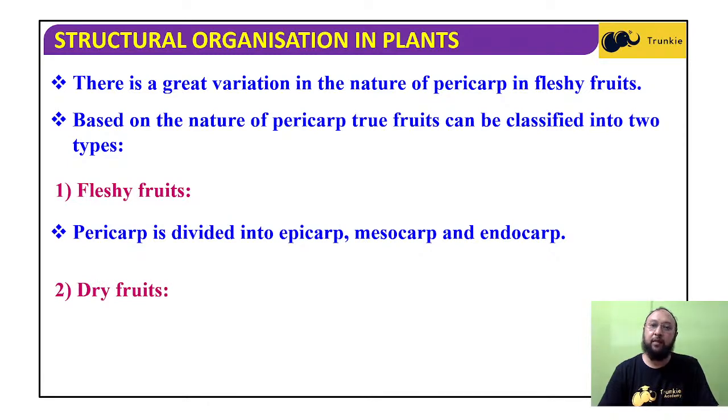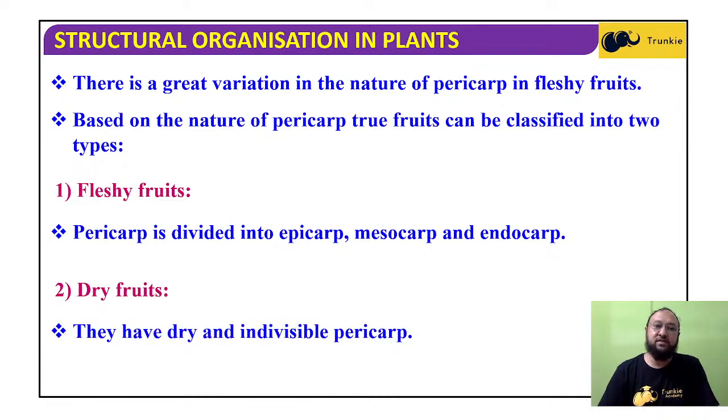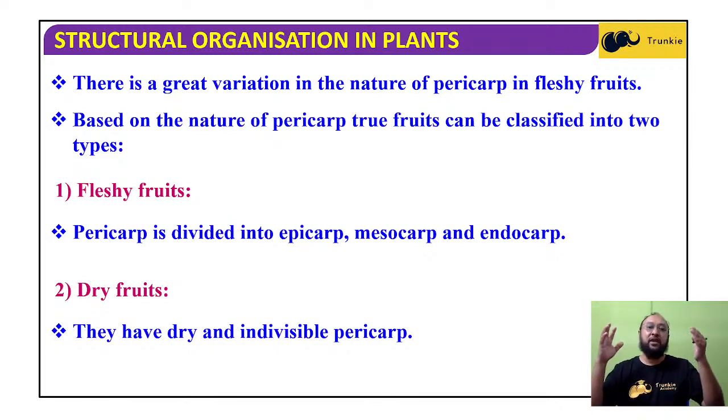Pericarp is divided into epicarp, mesocarp, and endocarp, as I showed you in the picture of the mango. Dry fruits have a dry and indivisible pericarp. The pericarp is so dried and so attached to the seed that it is indivisible from the seed.